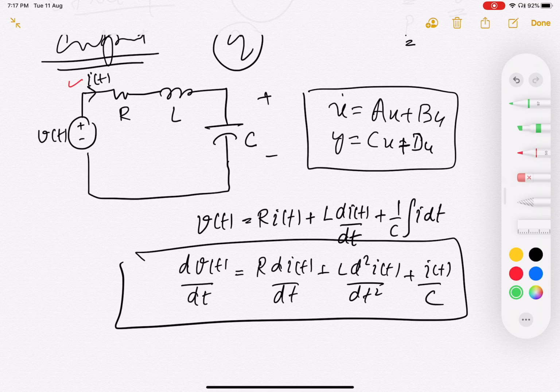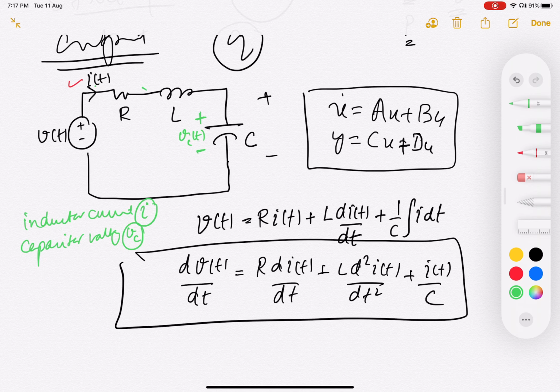We take the inductor current as one of the state variables, and the capacitor voltage as the other state variable, right? So this current it, because this is the current flowing through the inductor, is a state variable, and this voltage VCt is a state variable.